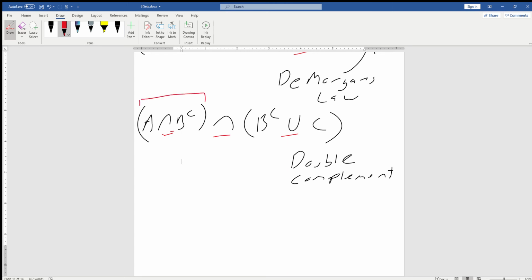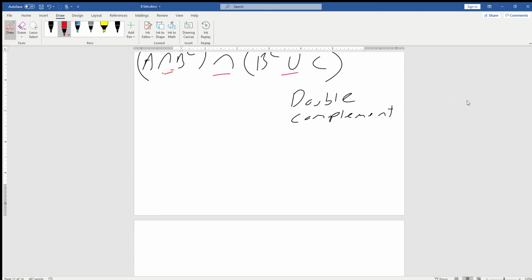What we're going to do is distribute this A intersect B complement to both B complement as well as C. It's going to get a little bit ugly, but it's okay. We're just going to take our time and make sure that we distribute well.